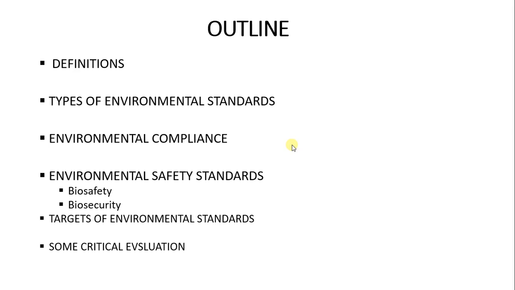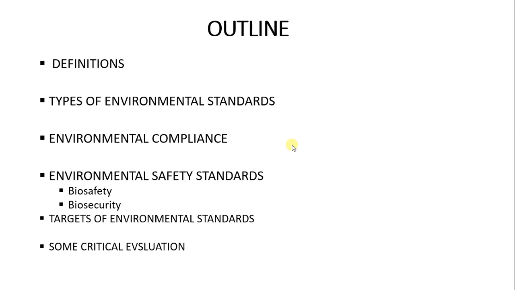First and foremost, it was just for health issues, just to prevent health hazards. Then it developed to not just the health of human beings, but the health of the environment. The animals, the trees, the organisms in the environment, apart from human beings, should also be protected, and therefore we have this standard.